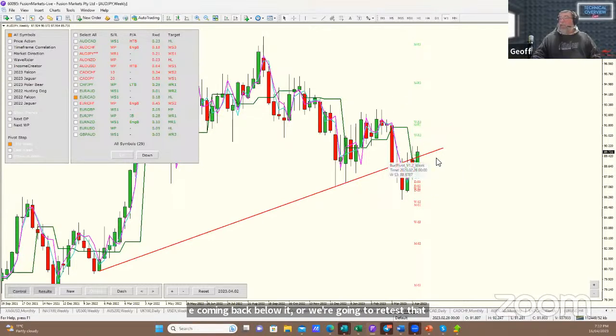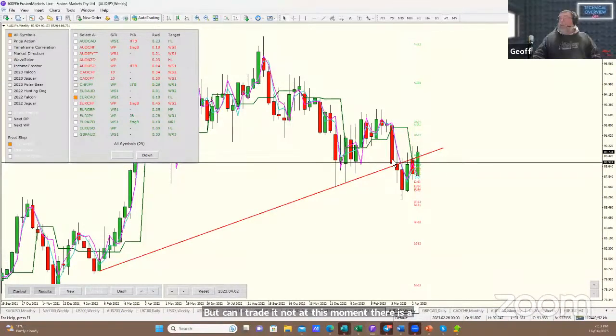So have I got my eyes on it? You bet I have, because it's at a very, very important level. But can I trade it? Not at this moment. There is a confluence running through here as well, which is telling me that the false break is on, but I need a pullback before I trade that. So Aussie yen most definitely on my watch list as well.